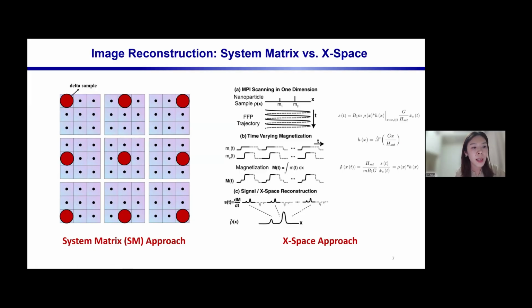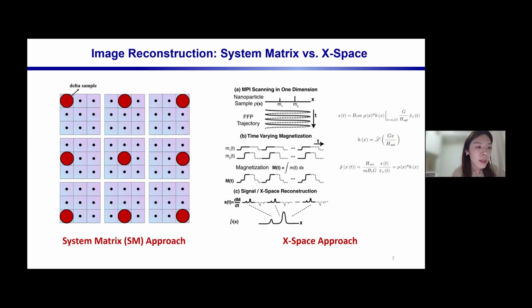Because the magnetic environment and how nanoparticles behave are very complex, it's really hard to create a perfect mathematical model. So the most accurate way we found is to actually just measure it.